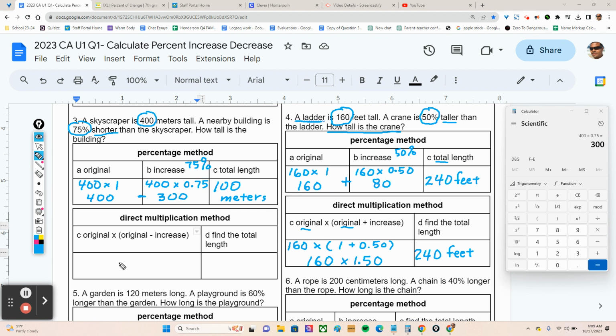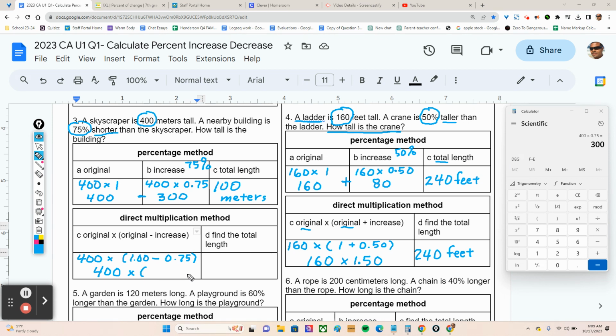Then for the bottom part, if you use the direct multiplication method, you would do 400 times 100%, or 1.00, minus 0.75, which means you multiply 400 times $1 minus 75 cents.